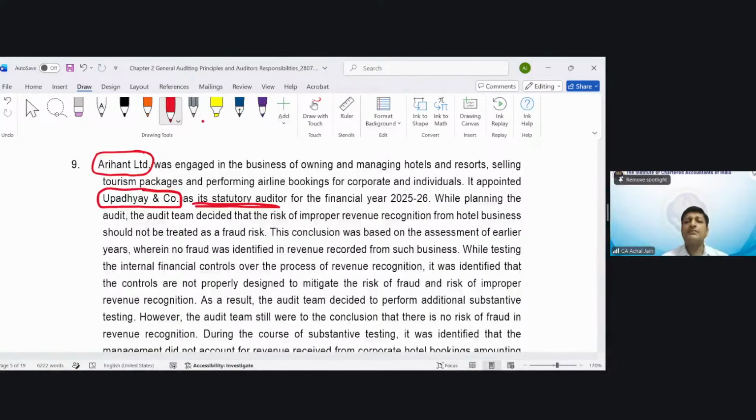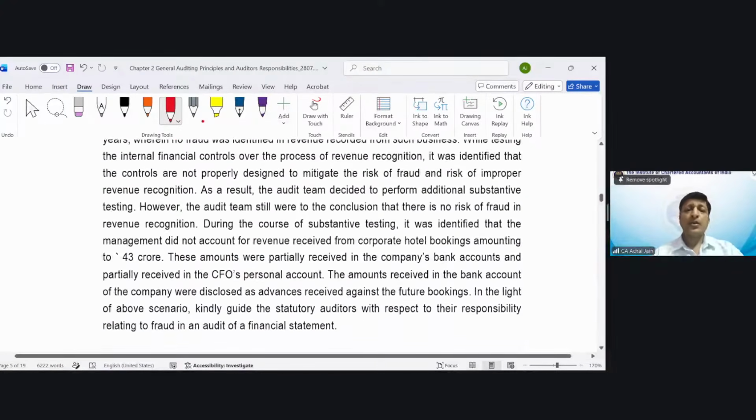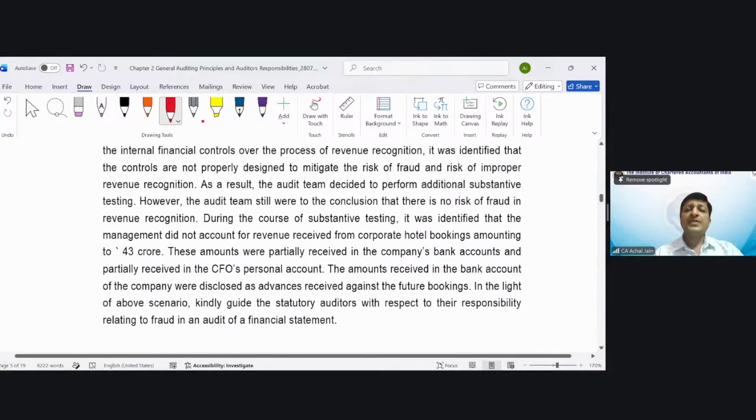As a result, audit team decided to perform additional substantive testing. Okay. However, audit team still were to the conclusion that there is no risk of fraud in the revenue recognition.